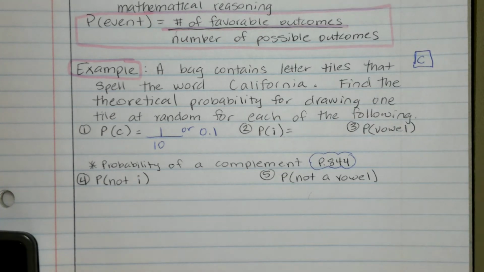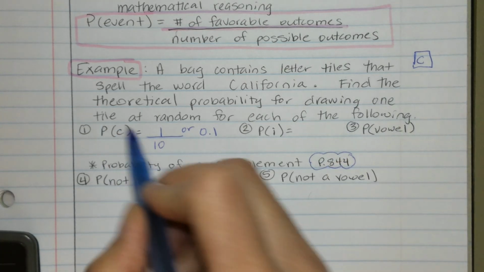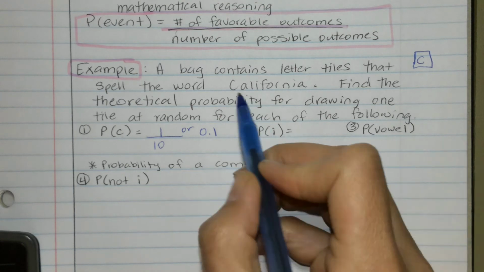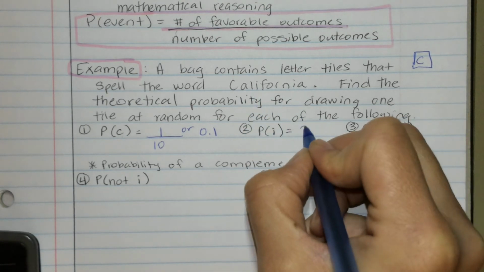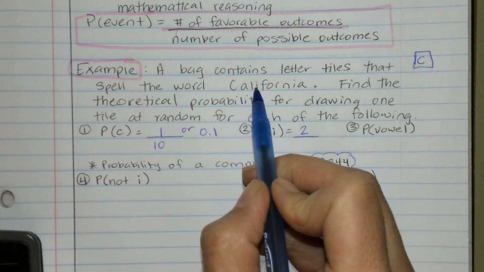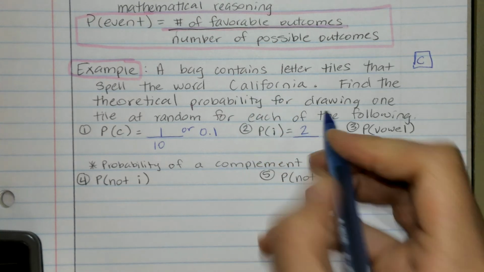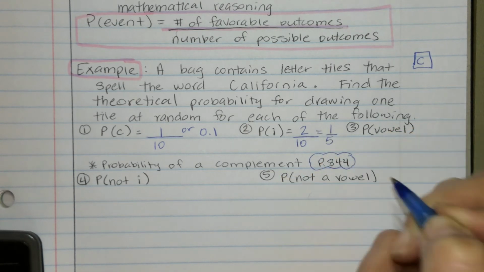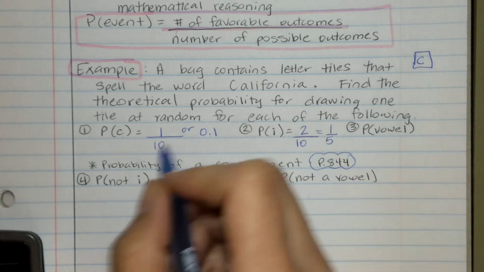All right, so probability of getting an I tile. Drawing one tile means picking one tile out of the bag. So I would count how many I's are there. There's 1, 2. Those are the favorable outcomes out of the total 1, 2, 3, 4, 5, 6, 7, 8, 9, 10. I do need to reduce that, so I divide the top and bottom by 2, and it's 1/5.